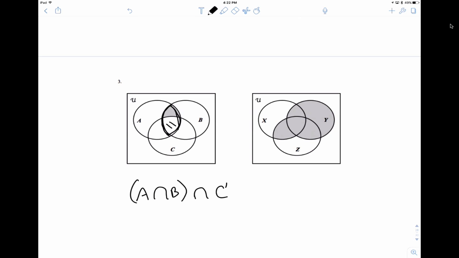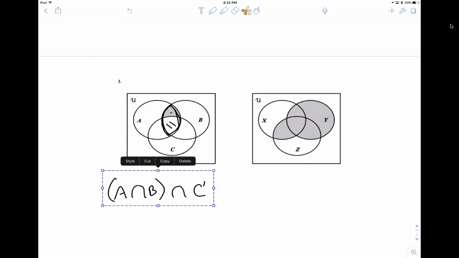Because it is not C, it's also the intersect of A and B. That's my answer. That's my final answer.